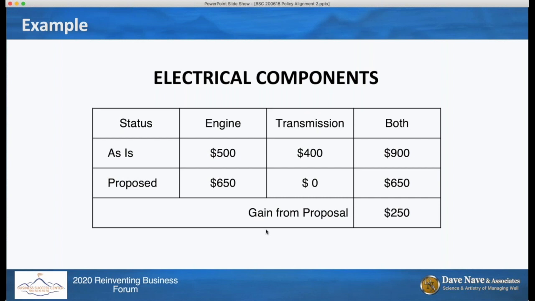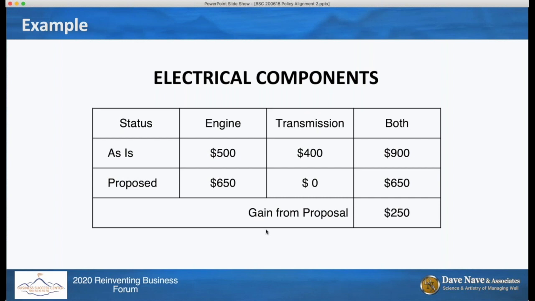So somebody gets a bright idea: if we add some additional components to the engine, now the cost is $650 to the engine, but we totally eliminate the electrical components on the transmission. So for the company, it's a savings of $250.